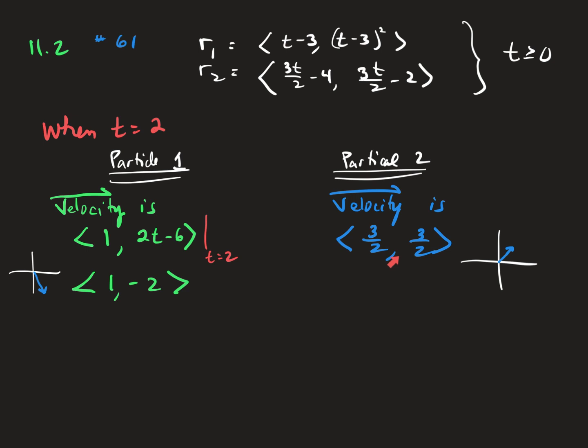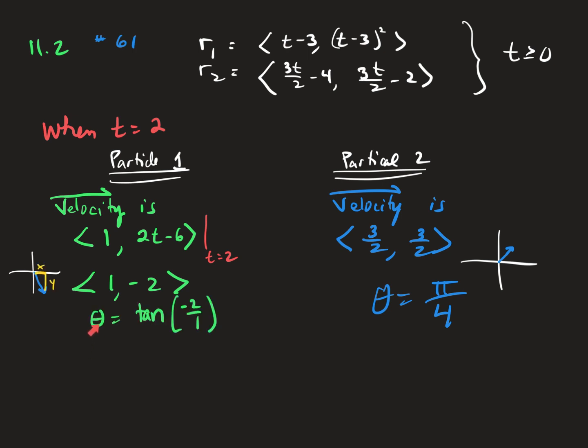Well, this one should be easy. At 3/2, its direction is pi/4, or 45 degrees. And for this one, we can just do the inverse tangent ratio.